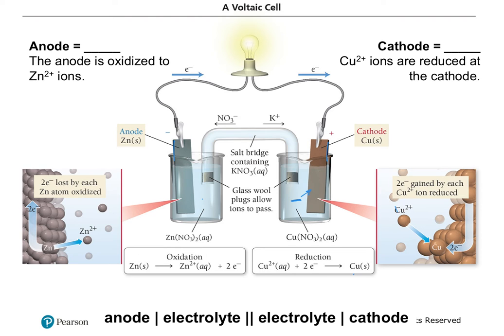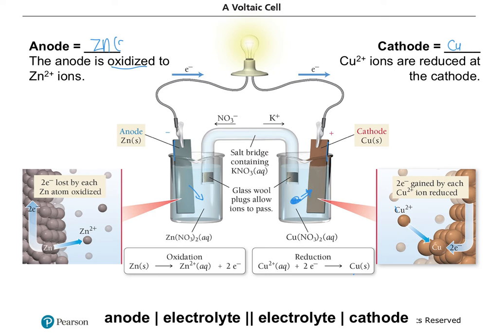So on our anode here we have zinc, and that gets oxidized to form zinc ions that go into solution. And here my cathode is copper, and I need a good amount of copper ions in solution so I can reduce them and they go onto the cathode.